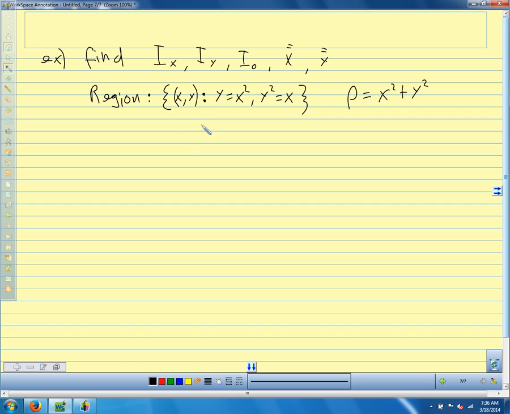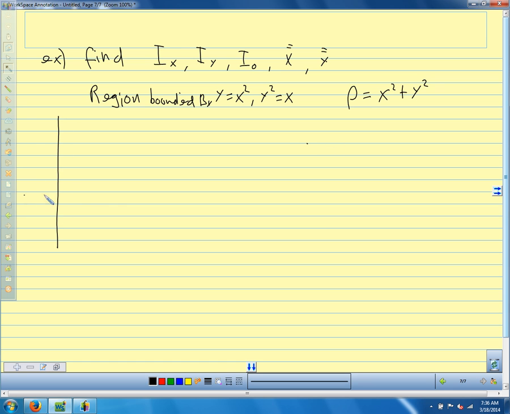And I guess I didn't set up my region. I should say, let's say I was trying to be fancy here. Our region is bounded by. So I'm going to say bounded by. The way I wrote it before, the region would only be those curves. All right, so let's sketch our region.